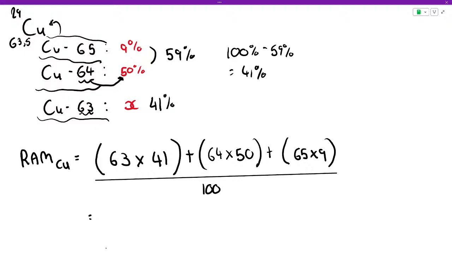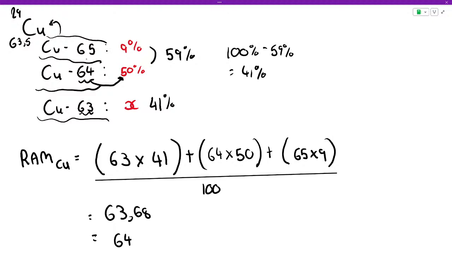Let me just find my calculator. 64 times 50. So then when you get this, you're going to get 63,68, rounded is 64.